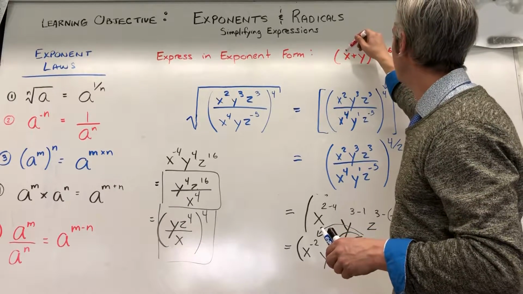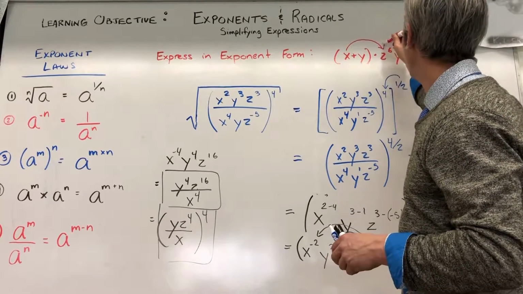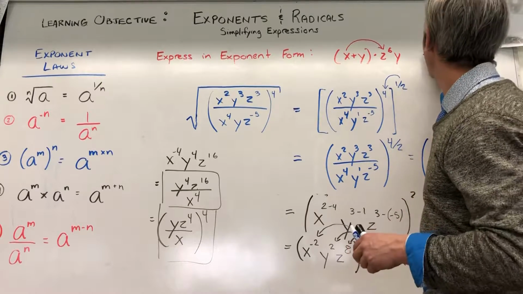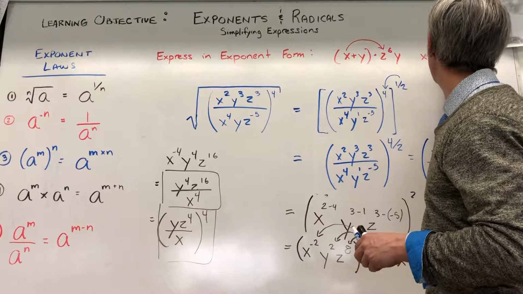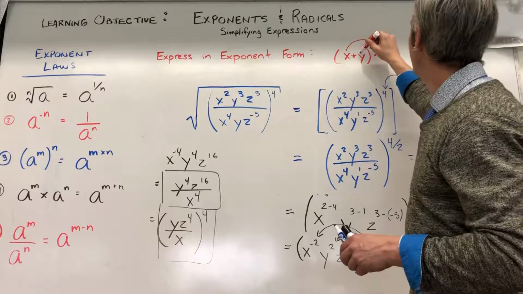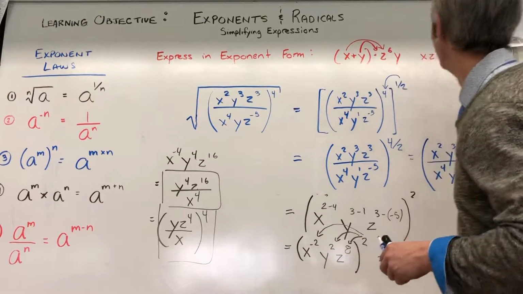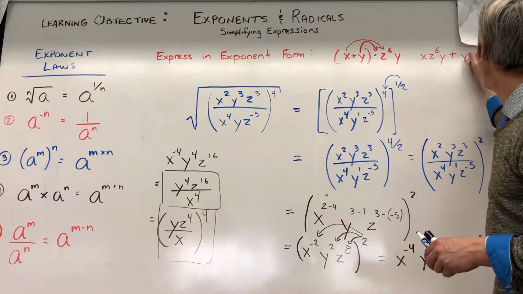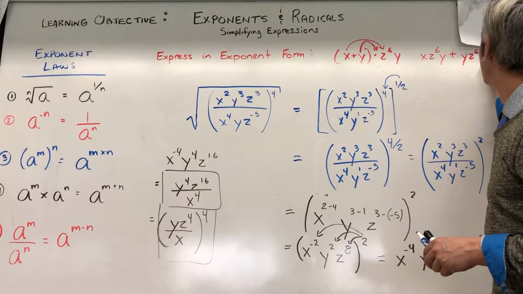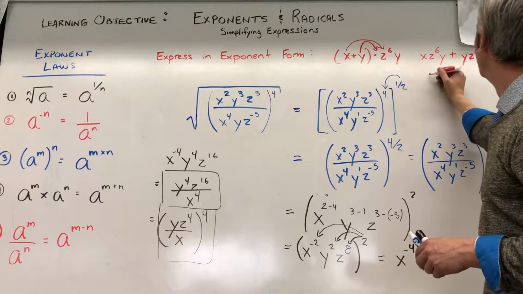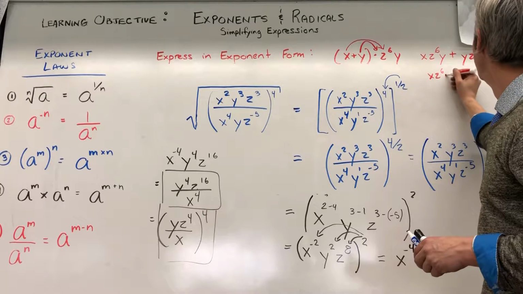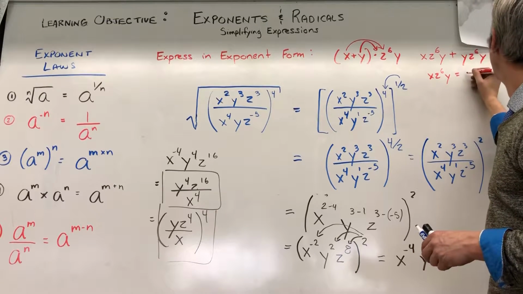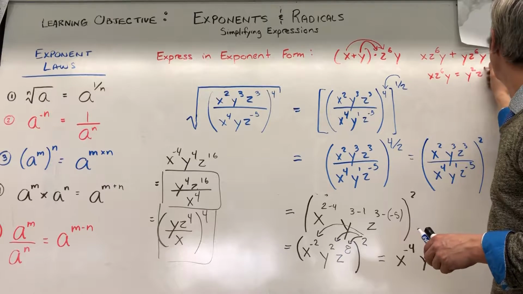Now this x has to multiply by that expression, so I get x times z to the 6, y, and then this y would have to multiply by this expression. But I have to put the addition sign there now. So this becomes y, z to the 6, y, which I could write, this whole expression would simplify down to y squared z to the 6.